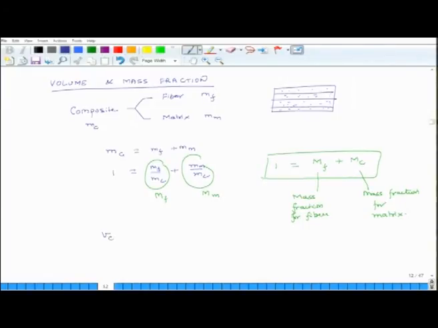So, volume of composite, which is small v, is equal to volume of matrix plus volume of fiber, assuming no voids in the system. In the case of mass, even if there were voids, what would be in those voids?